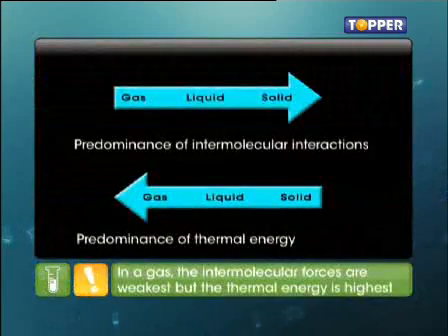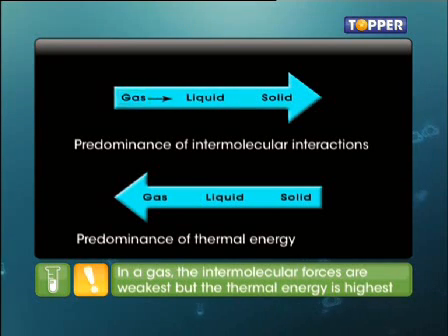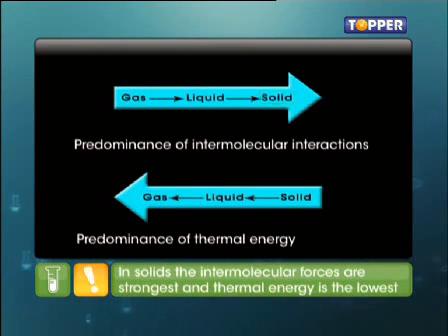Can you predict what kind of effect thermal energy will have when coupled with intermolecular forces? In a gas, the intermolecular forces are weakest, but the thermal energy is the highest. In solids, the intermolecular forces are the strongest and thermal energy is the lowest.